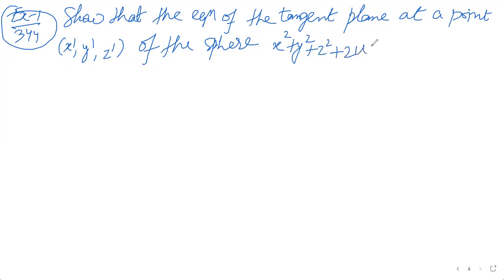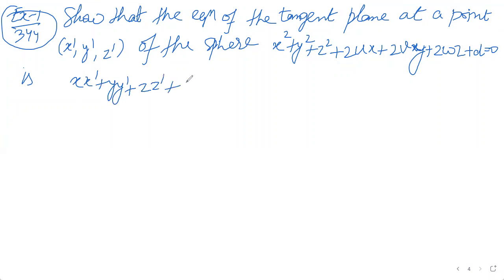So this will also be the general equation of a sphere because the coefficient is 1. x square plus y square plus z square plus 2ux plus 2vy plus 2wz plus d is equal to 0. So that is how much? x dash square plus y dash square plus z dash square plus u, 2x will become x plus x dash, है ना?